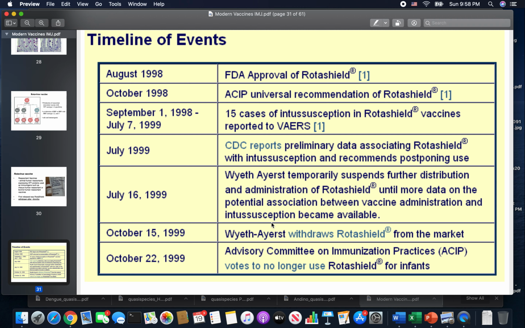Then, by October 99, they had to withdraw Rotashield from the market. The ACIP, which had voted to universally recommend it, voted to no longer use Rotashield for infants. It can still be used in adults, but it was withdrawn in general to try and reformulate.